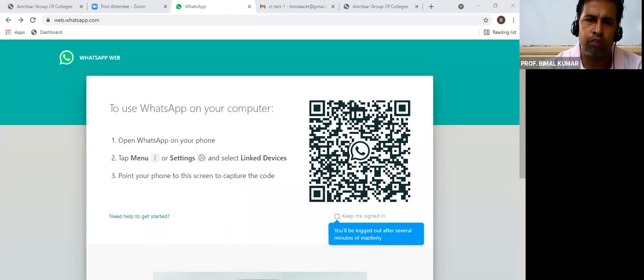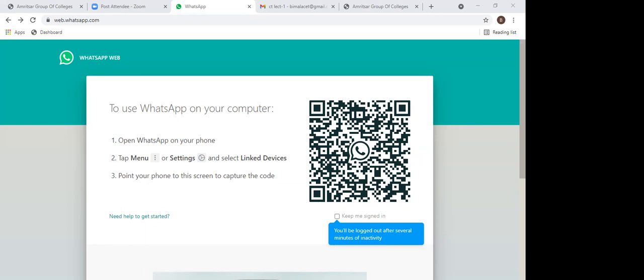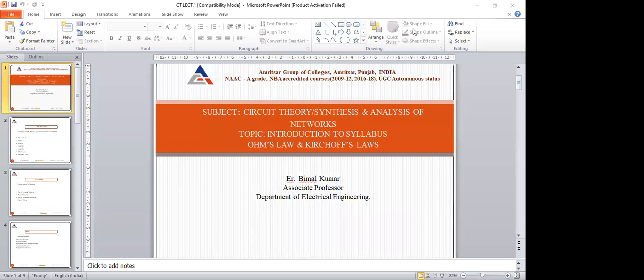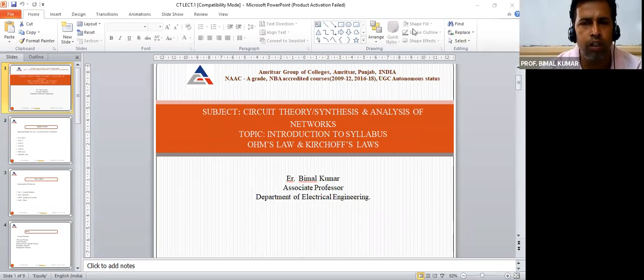For the electrical students, the name of the subject is circuit theory, whereas for the EC students, the name of the subject is synthesis and analysis of the networks, SAN. The subject is almost the same.